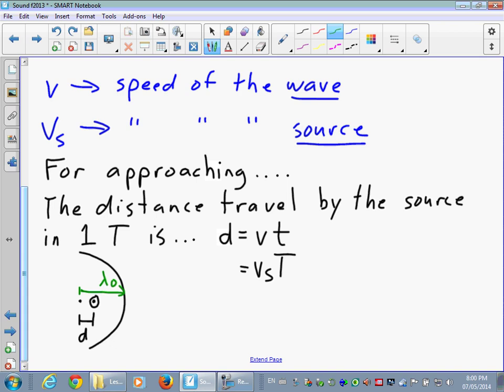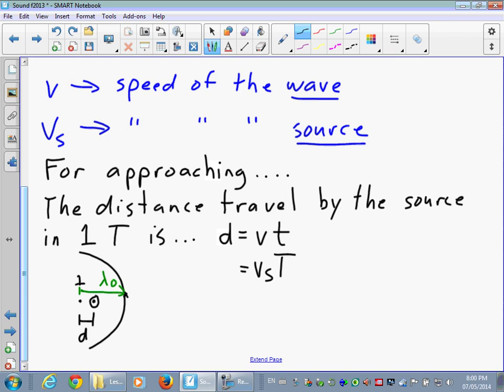The first wave is produced when the object is at point 1 here, and the wave will spread out, and this is one period later. Right here, that's how far the wave has gone. So that's one wavelength, as if it was not moving. So that's lambda naught, lambda 0.